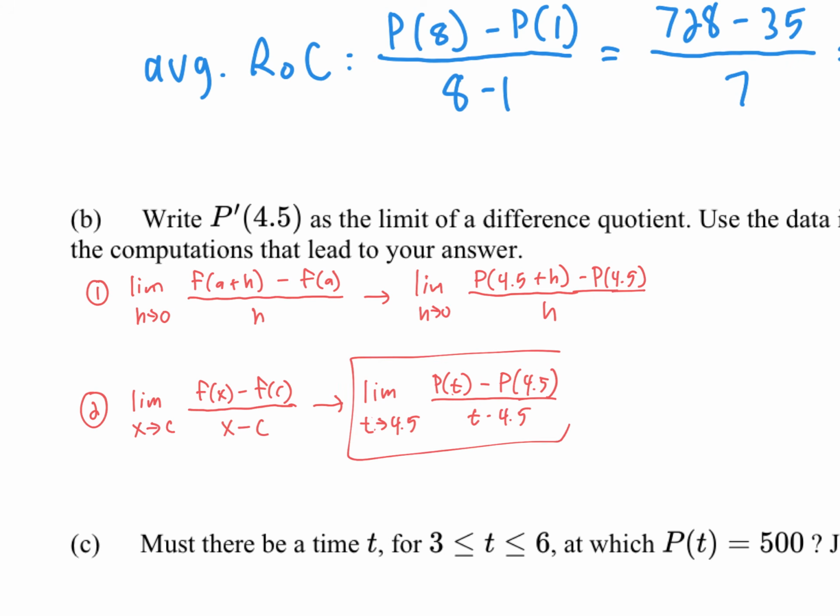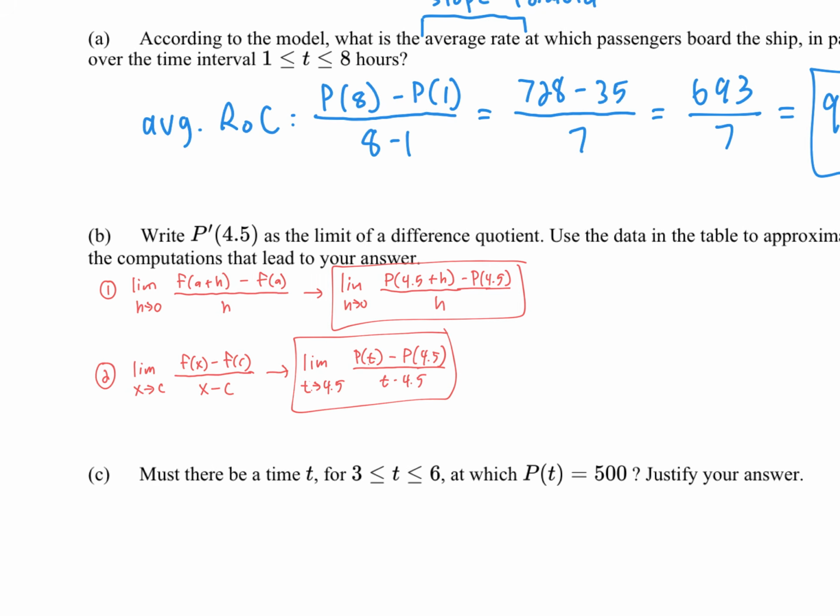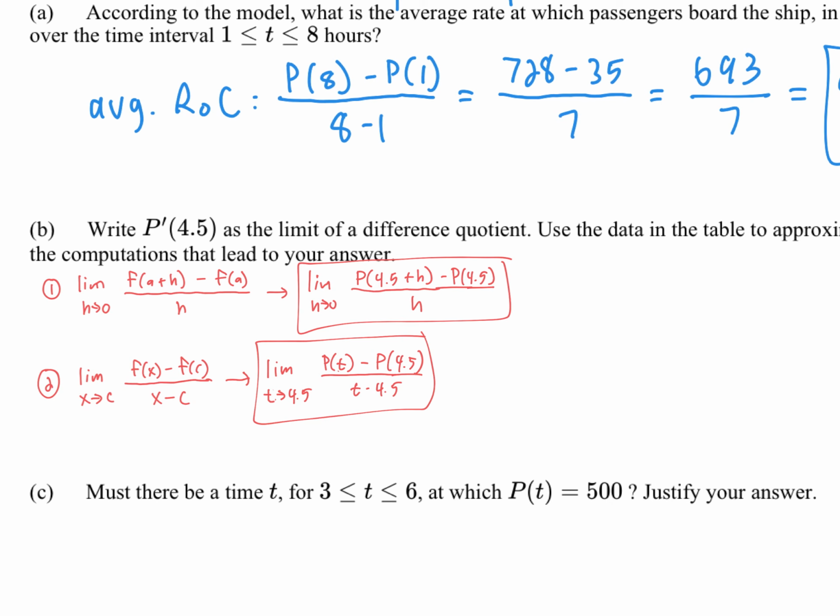Oh, that should be t's, no x's here. Either one of these you could give as the limit of a difference quotient. Each of these fractions is called a difference quotient: there's a subtraction, so that's a difference, and then there are fractions, so that's quotient.